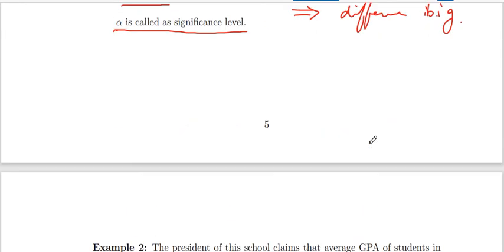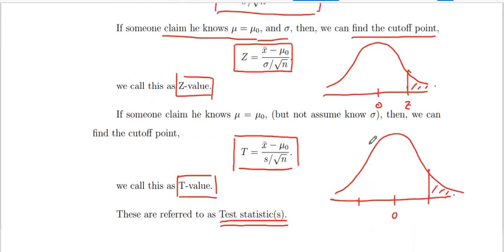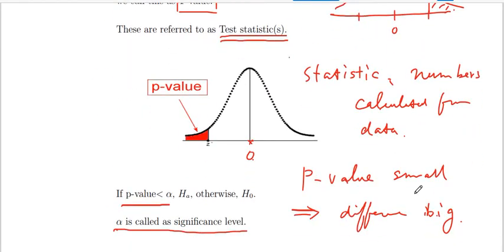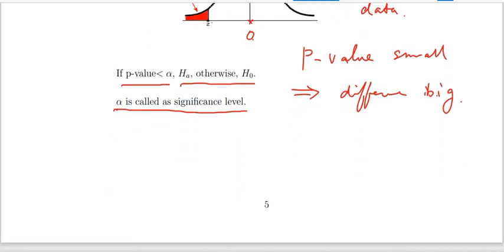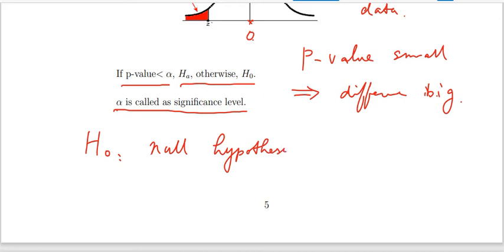So let's say H0 is for hypothesis, and HA. H0 we call the null hypothesis. This null means none, like no difference.